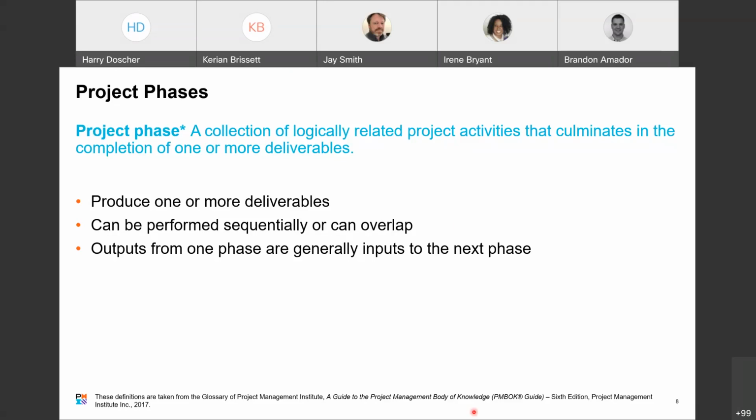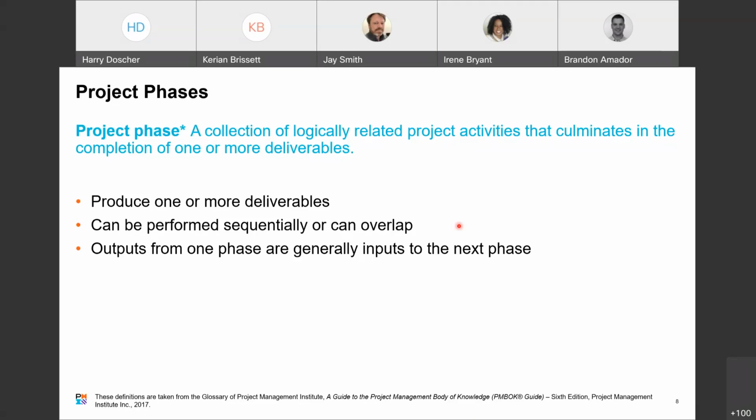Okay. Now the phases, we're going to talk about this a little bit later too. You can perform the phases sequentially, so you complete phase one before you go to phase two, or in some cases you can overlap the phases, where phase one will still be going on and you can start phase two, or you can use the indeterminate letters in there.